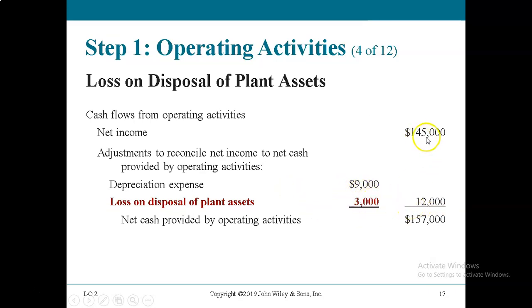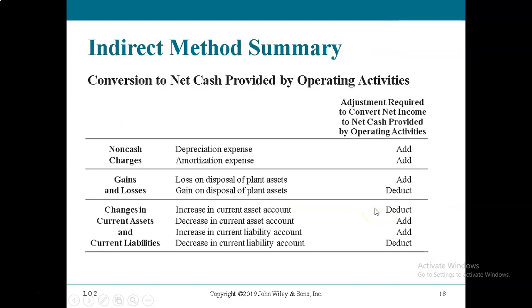So we have 145,000 plus 9,000 plus 3,000. And here is a chart that summarizes what you would add or subtract. You can see here depreciation expense is added, loss is added, gain is deducted.